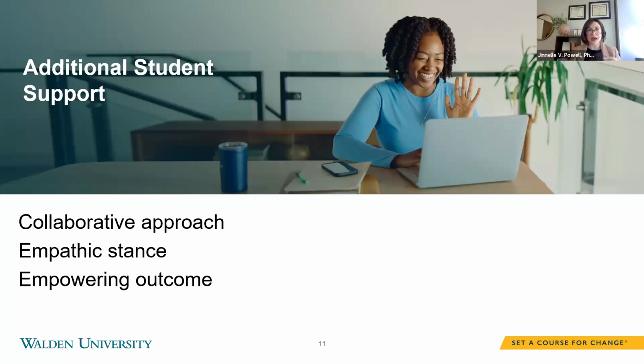So I try to remember that in my engagement with my students, is having that empathic stance with them, just exuding that sense of compassion. And then remembering that the outcome from this collaborative approach, that empathic stance, is that empowering outcome.